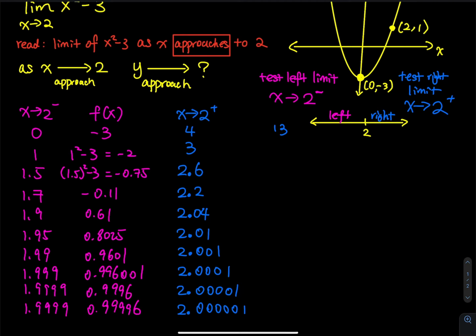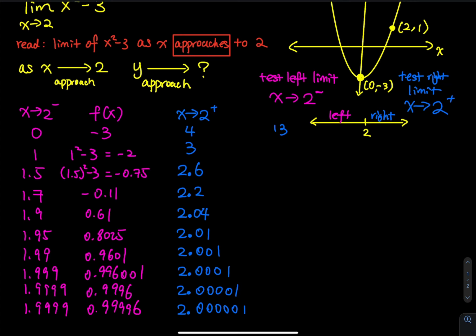As you take a look at the pattern, we are getting closer and closer to 1. I mean, as x approaches 2, we are getting closer and closer to 1, not 2.